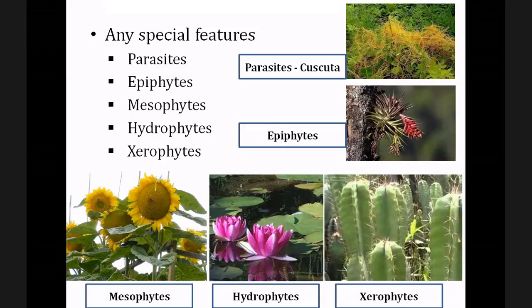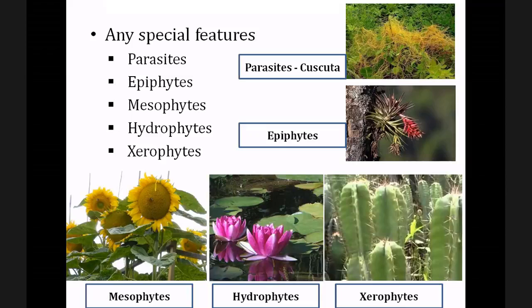The third one is the mesophytic plants. Mesophytic plants are neither adapted for the dry condition nor only for the wet condition. They can live in the average temperature and water level.